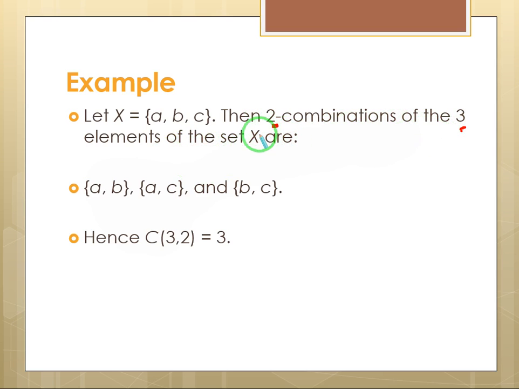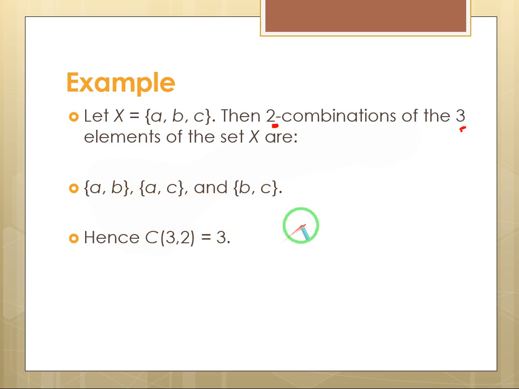So what does it mean? How many combinations can we make? If we take two elements as a combination, we can say ab is a combination. So we make ab, ac and bc. How many combinations are possible? Three. So 1, 2, 3.